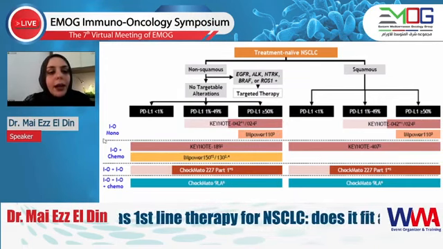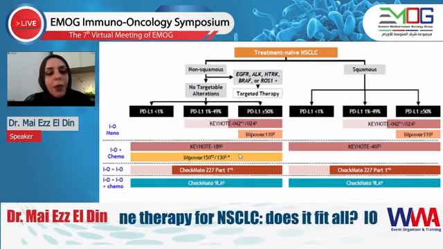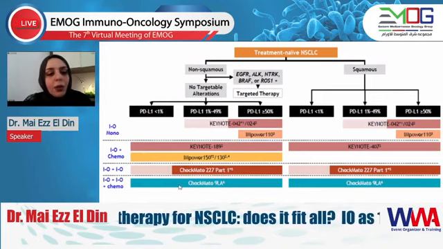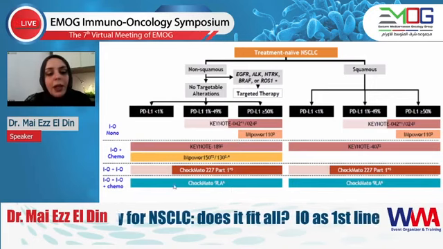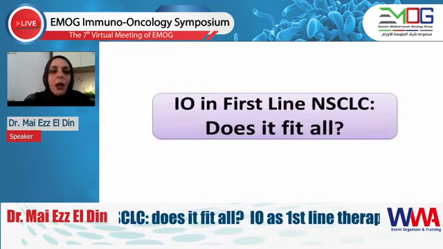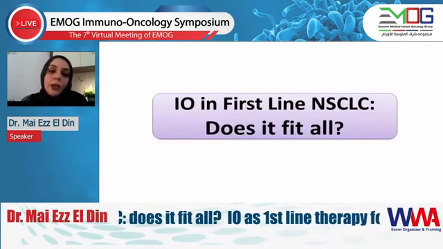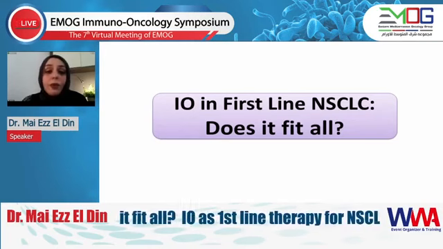You can consider adding IO and chemo here with atezolizumab or pembrolizumab. And for all comers also, you can use IO with chemo, as in CheckMate 9LA, with an abbreviated course of chemotherapy. So coming back to our first question, does first-line IO in non-small cell lung cancer fit all?